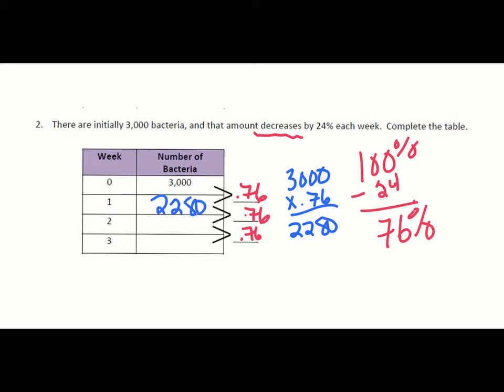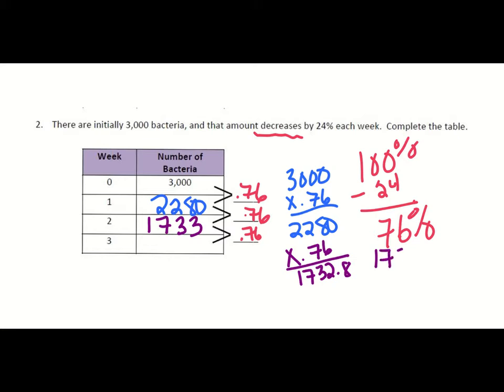Okay, and then let me do this again. So 2280 times 0.76 again, that's going to give me 1732.8, but I'm going to round it to a whole number because we're dealing with bacteria. So that's going to give me 1733.